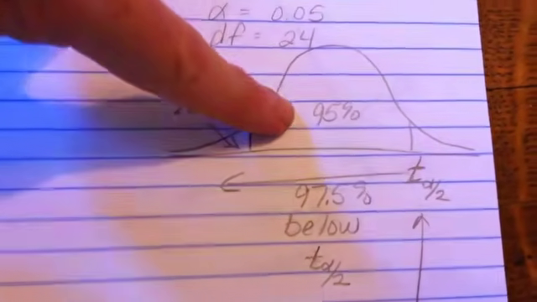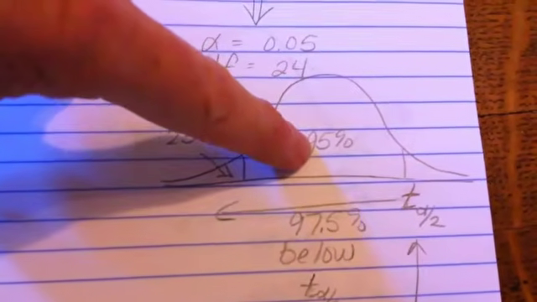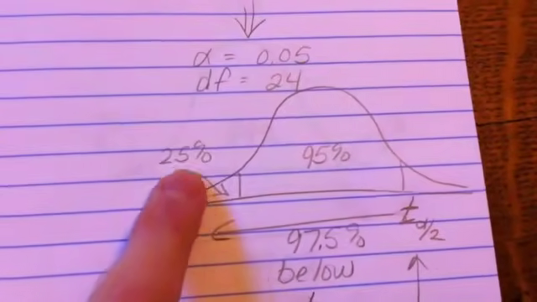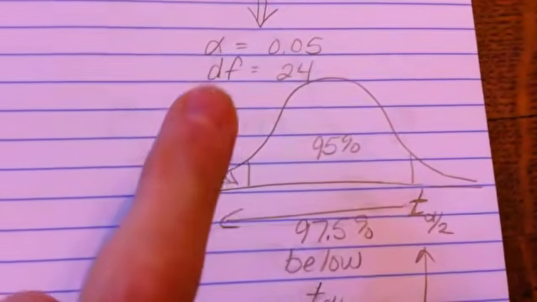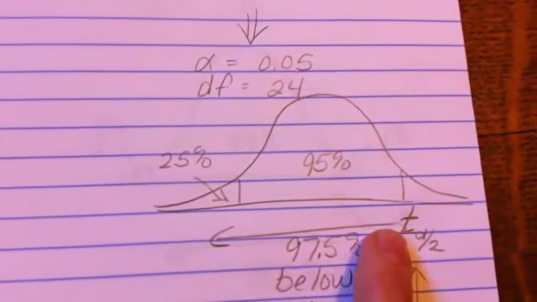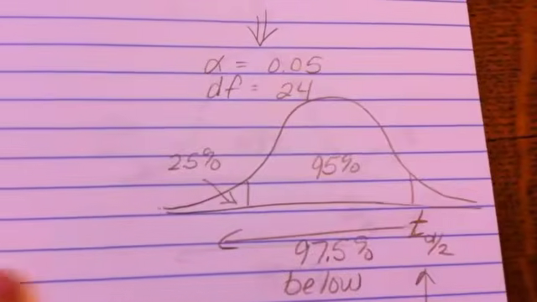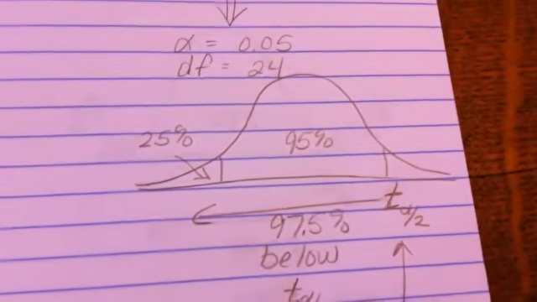95% is in the middle, so that's the confidence interval we want. That means the 5% is split evenly between the two tails, so we've got 2.5% here. What your calculator is going to ask for is the probability that's underneath what you're looking for. That should sound a little bit familiar.